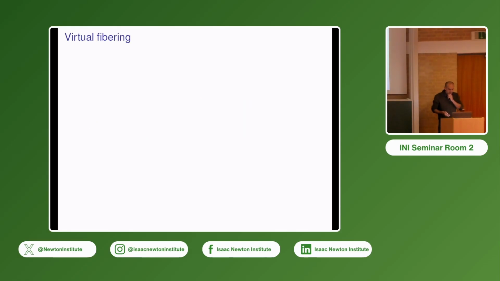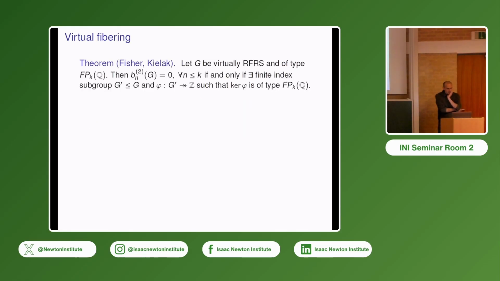So virtual fibering. A theorem of Fisher-Kielak. I wanted to say it this way because it was done by David in the case where n equals 1, and then more generally by Sam.